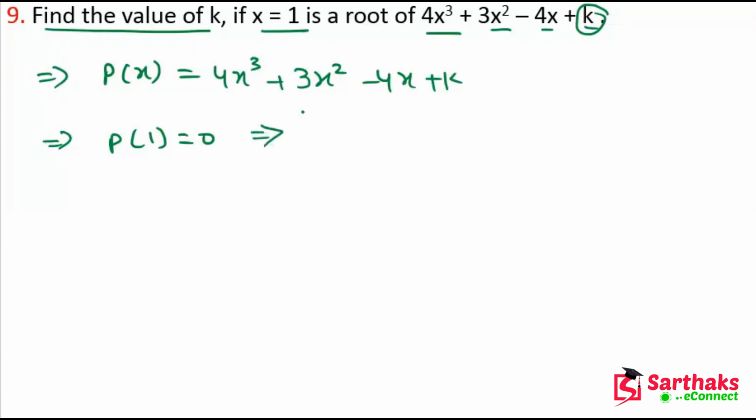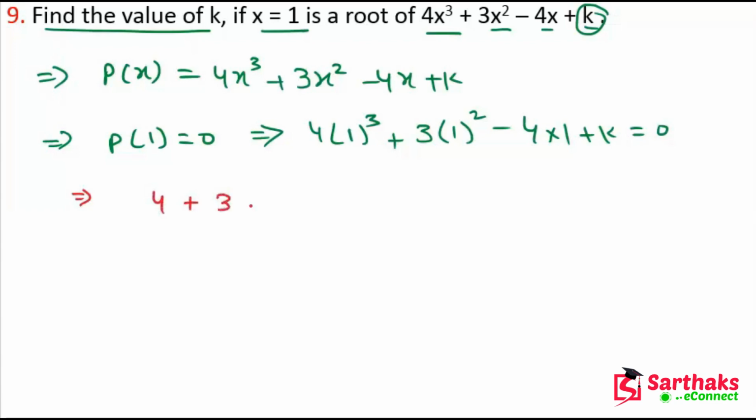Now if we put x equal to 1 in this polynomial, then we get 4 into 1 cube plus 3 into 1 square minus 4 into 1 plus k is equal to 0. So from this, we get 4 plus 3 minus 4 plus k is equal to 0.